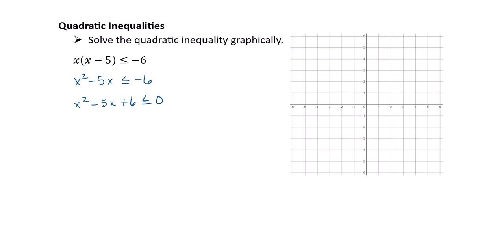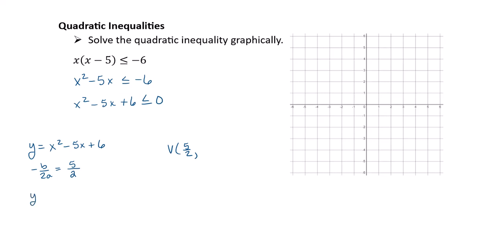Okay, so now let's go ahead and get this graphed. Let's say if this was an equation, y equals x squared minus 5x plus 6. My vertex is going to be negative b over 2a for the h part of the vertex. That's going to be a positive 5 over 2 times 1. So the vertex has an x of 5 halves.